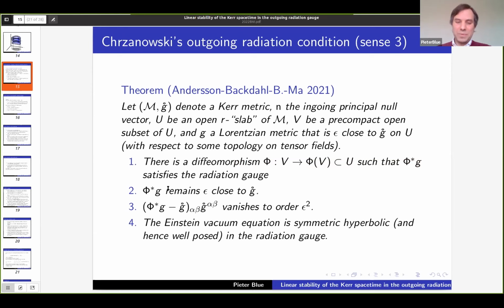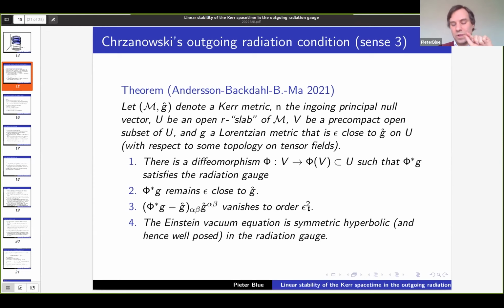We want to be looking at a perturbative theory, so we also have a second point: if you started out with something that was epsilon close, it's going to remain order epsilon close, maybe 100 epsilon or whatever, but still order epsilon close. In terms of the trace condition, and this is where it gets a bit funny, if you started out epsilon close, you can impose that the trace after applying the diffeomorphism vanishes not to order epsilon, but to order epsilon squared.